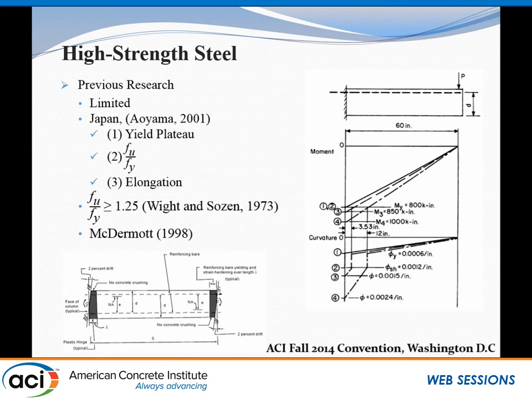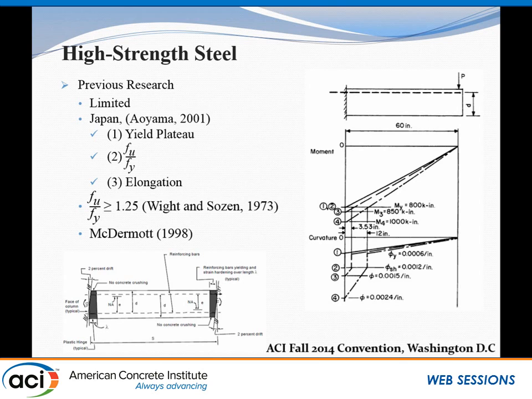From that study, they concluded that to have good performance, the high-strength steel needs to have, one, a distinct yield plateau; second, an Fu to Fy ratio greater than 1, which means you need strain hardening behavior; and third, elongation of the steel as large as possible.